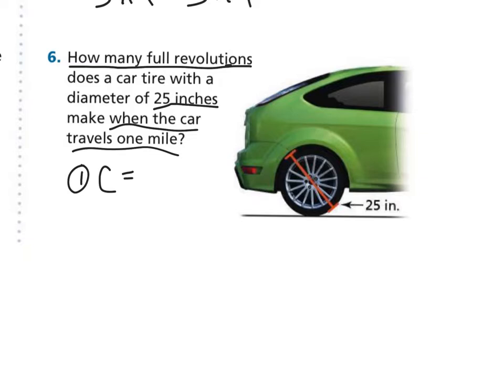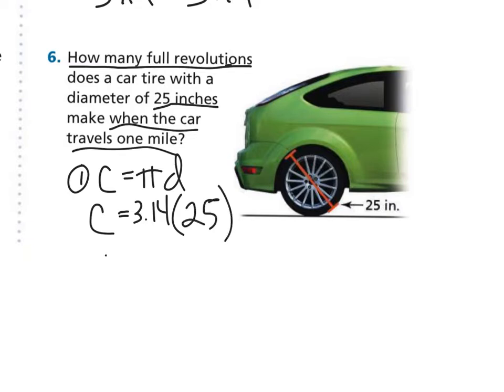And this one we know the diameter, so we could use that. Circumference is pi times the diameter. So again, we'll just say 3.14, diameter is 25.